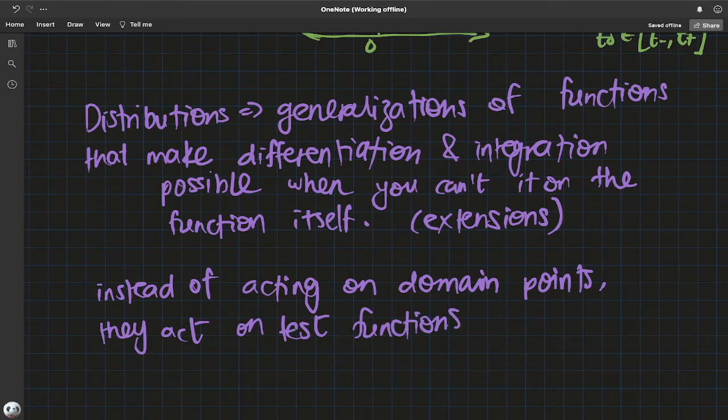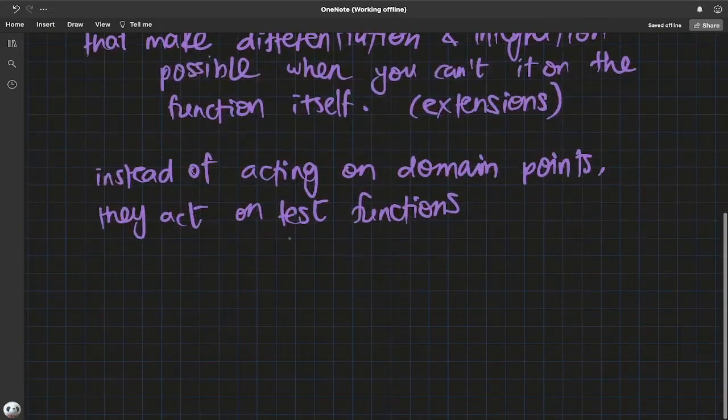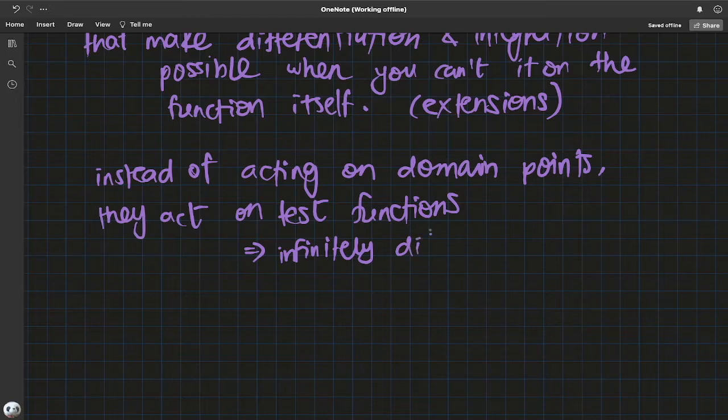And test functions are basically infinitely differentiable complex functions.